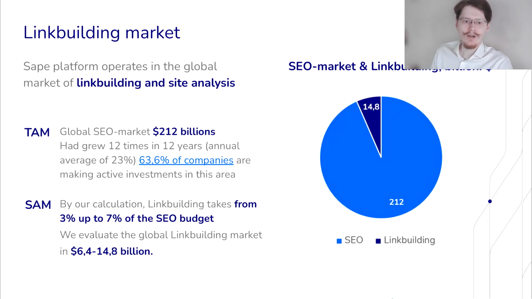So the global SEO market is approximately $212 billion. It grows exponentially, very quickly. And link building takes, you could say, a small percent of up to 7%, but it is up to $14 billion. So you could say that these are really good numbers.